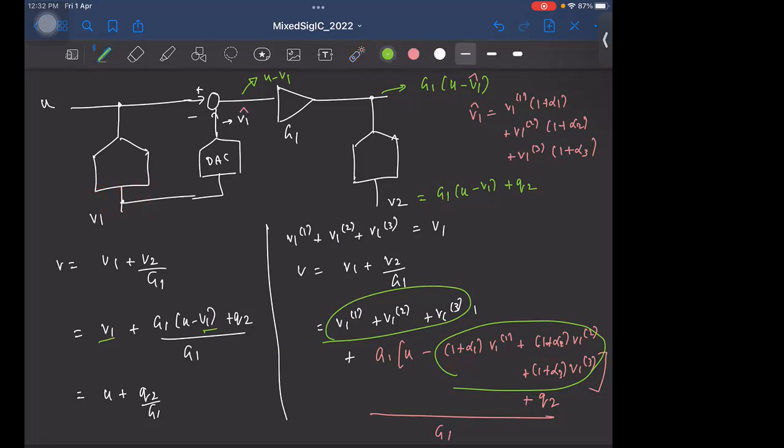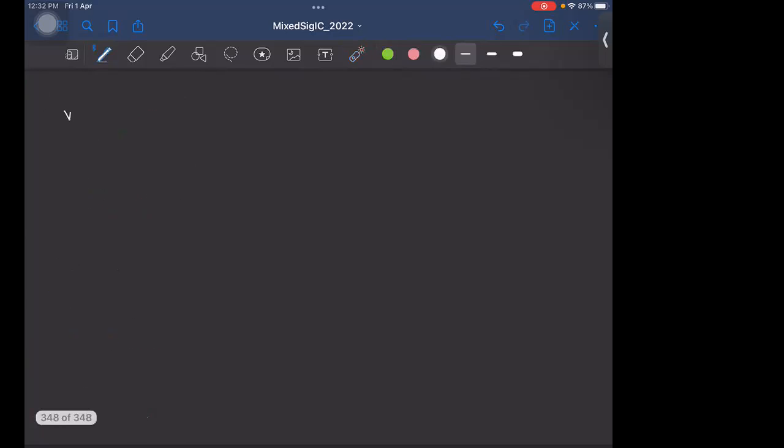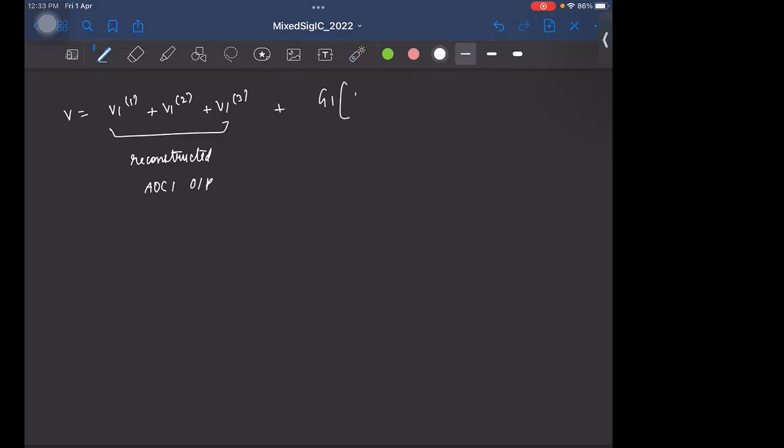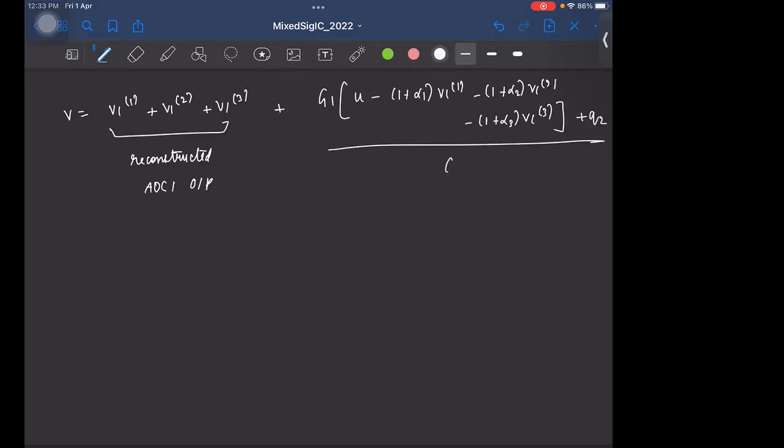So let me write that once again. What we have is V1 of 1 plus V1 of 3, and this is how we are reconstructing the first ADC output. And the other portion that is coming from the amplifier is input minus 1 plus alpha 1 V1 of 1, alpha 2 V1 of 2, alpha 3 V1 of 3, plus Q2 by G1.